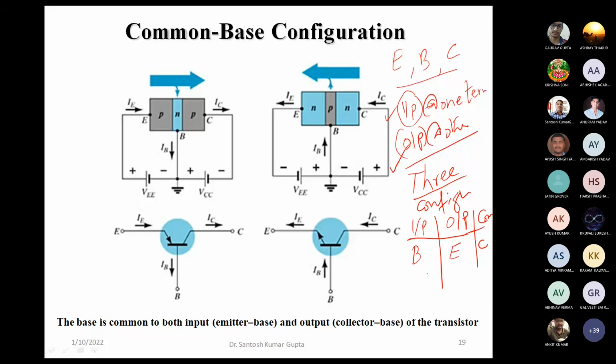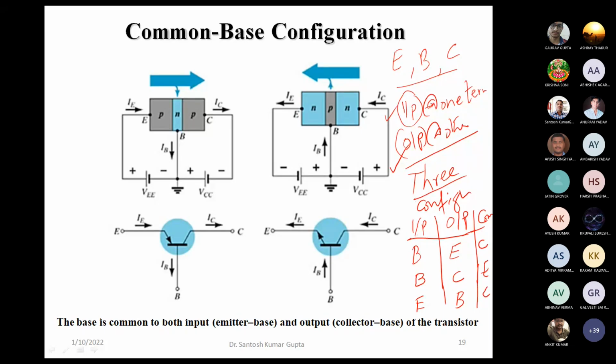Or we give input at base, take the output at collector, and emitter is made common. Or we give input at emitter, base is made common, and we take output at collector.